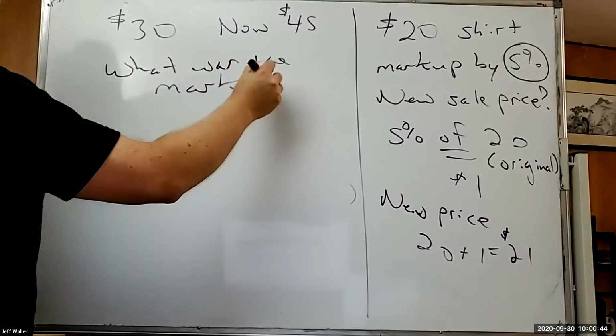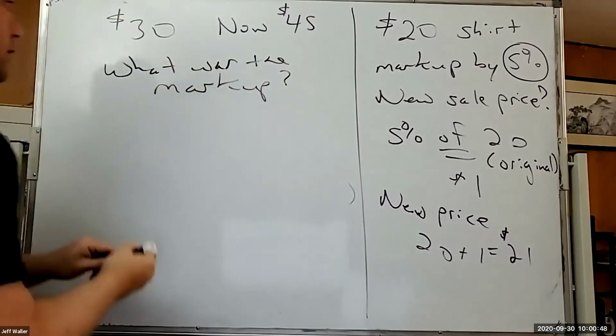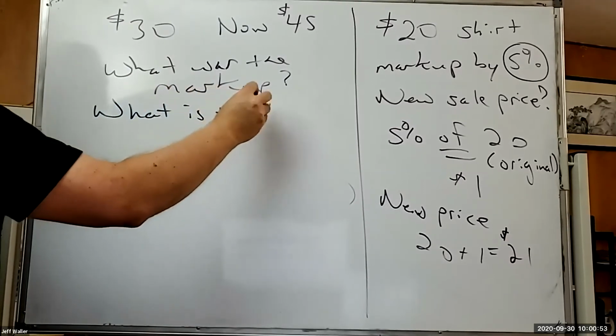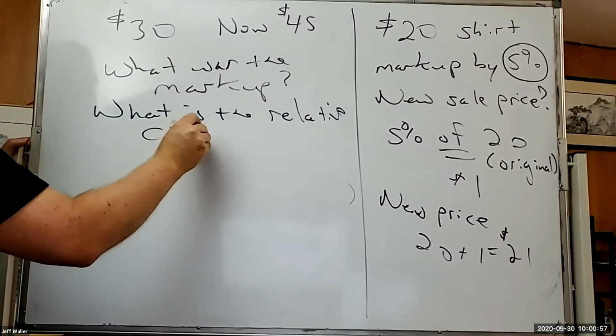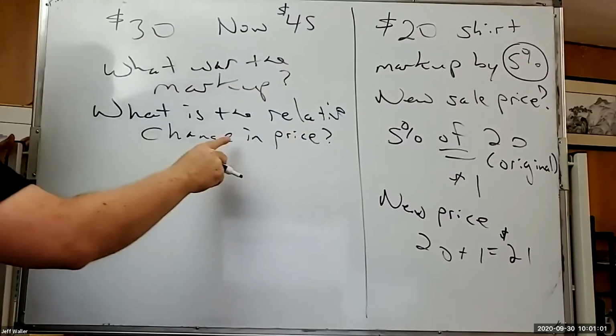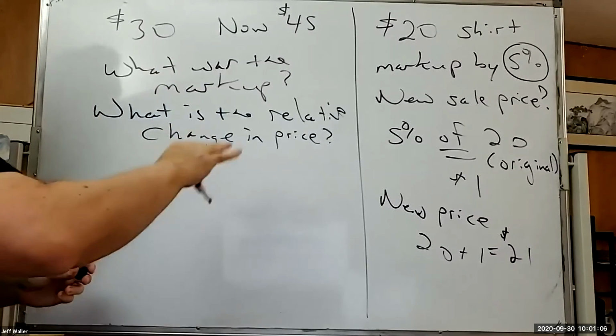Let me say this in a different way. This is the new terminology for the section. What is the relative change in price? That's the more technical way to say this. The relative change in price.